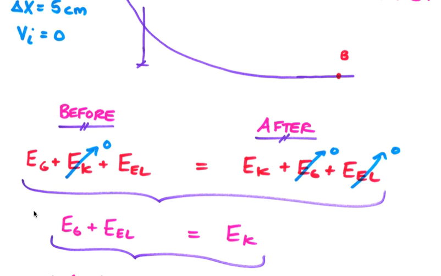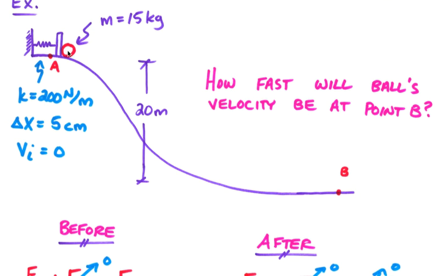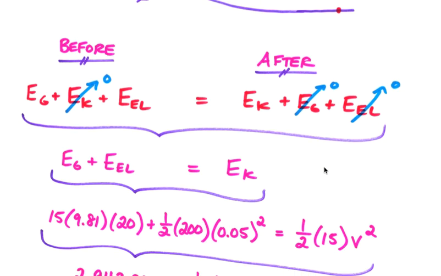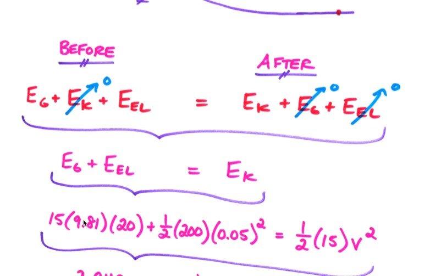I should then realize that the gravitational potential energy and the elastic potential energy up here at the top, due to the height and the compressed spring, will all be converted into kinetic energy at the very bottom. I can then use my mgh equation to calculate gravitational potential, my 1/2 k delta x squared equation to calculate my elastic potential energy, and my 1/2 mv squared equation to calculate my kinetic energy.